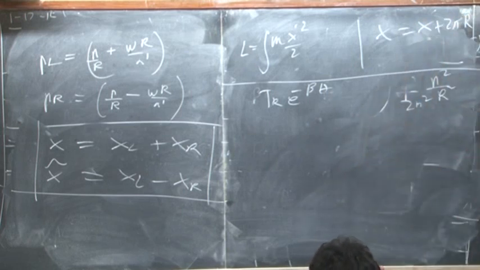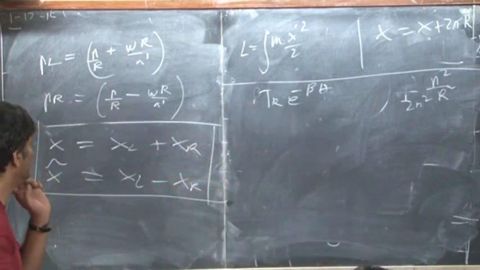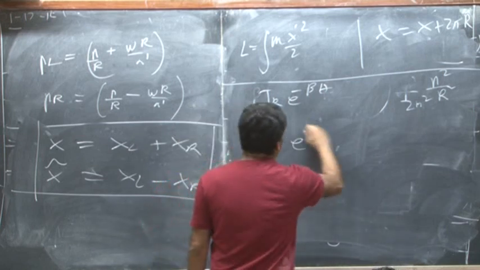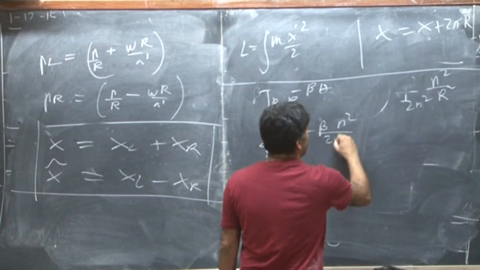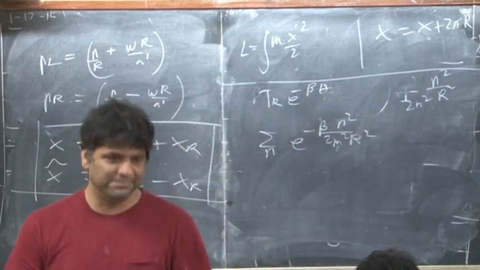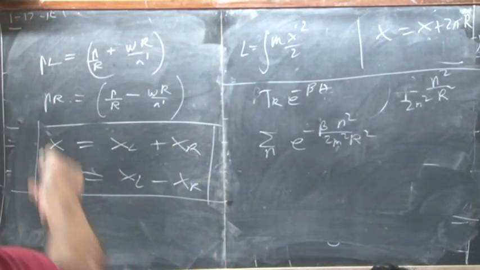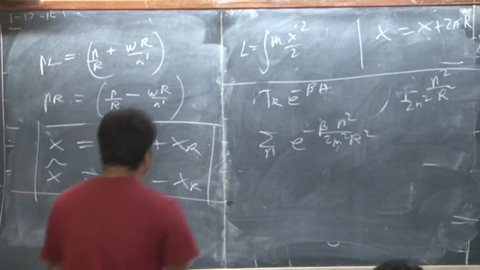So we have the sum over n of e to the power minus beta n squared by 2m r squared. This is the answer, no doubt about it. Not quite a geometric series because it's n squared, but almost. The n, by the way, runs from minus infinity to infinity.